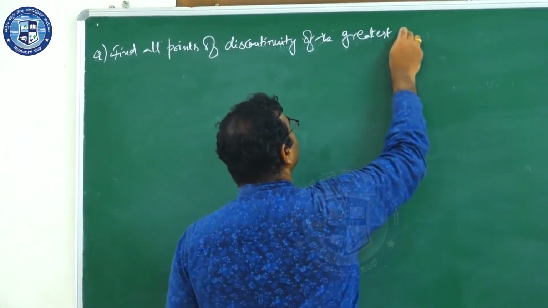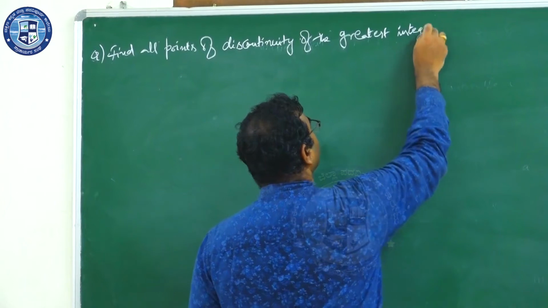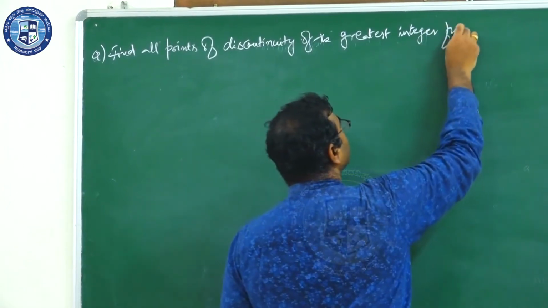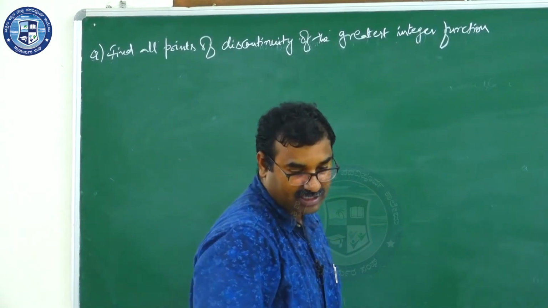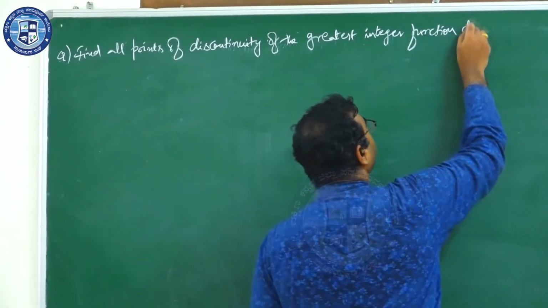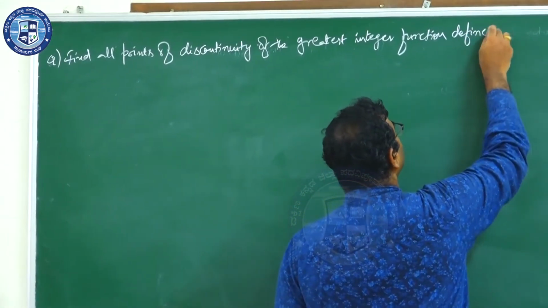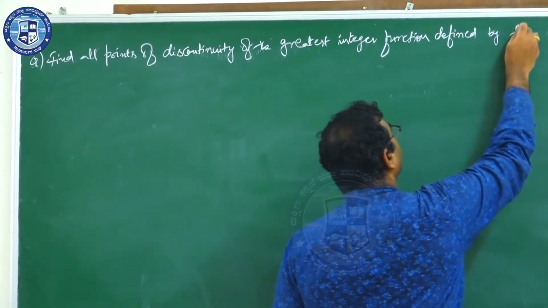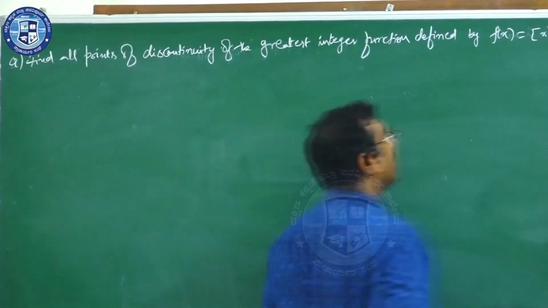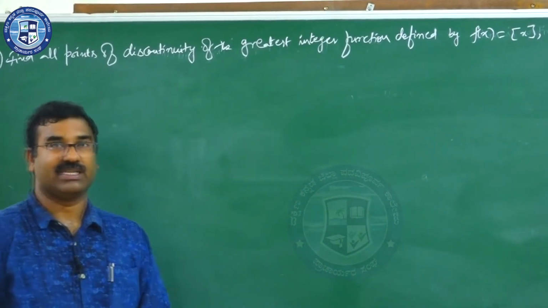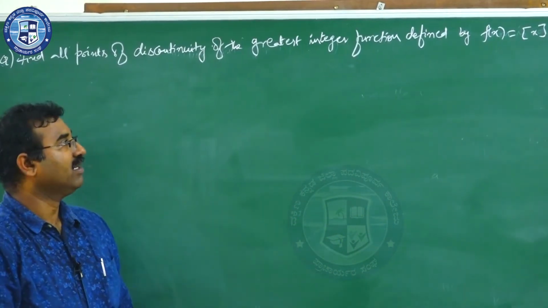The greatest integer function is defined by f(x) is equal to box x.